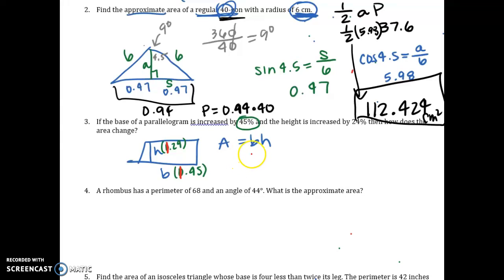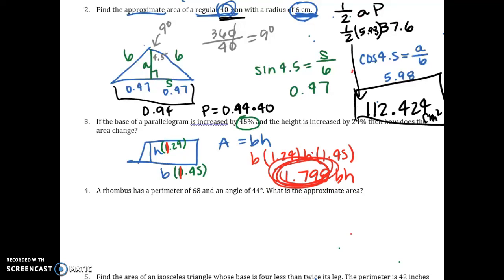So if I do base times 1.24 and then the height times 1.45, really I only end up multiplying the 1.24 and the 1.45. I end up with 1.798 base times height.